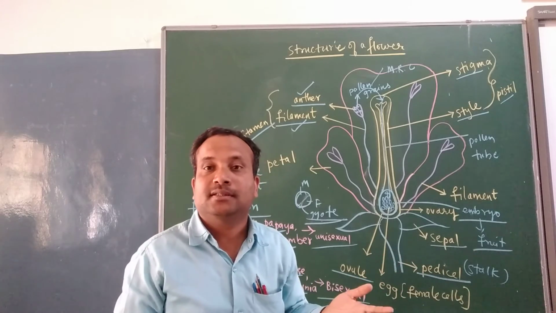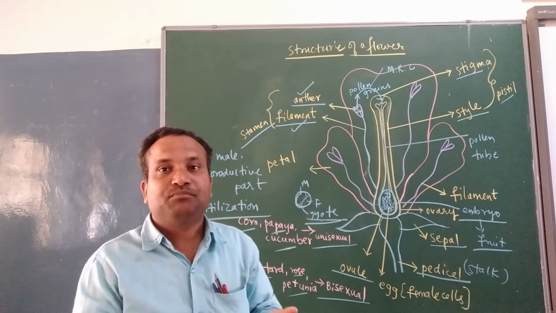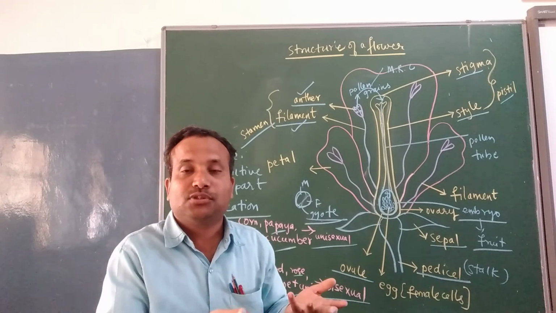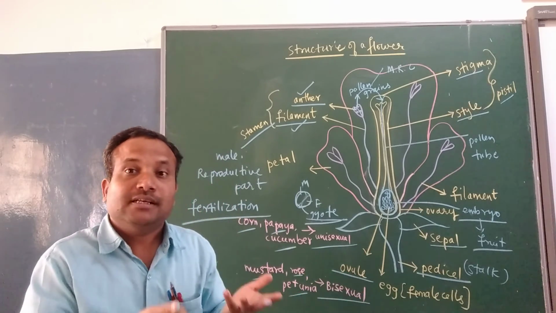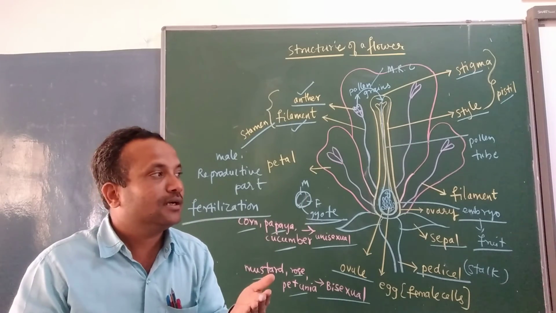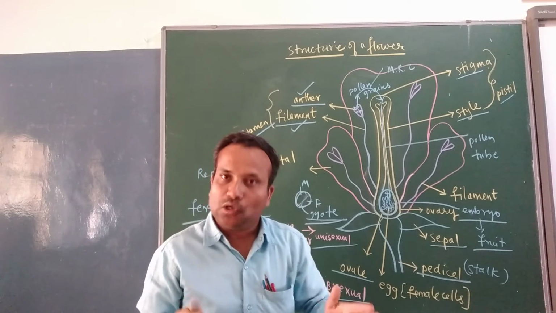So these are the agents which are going to transfer the seeds to different places. This is how the mode of dispersal of seeds takes place in the environment.